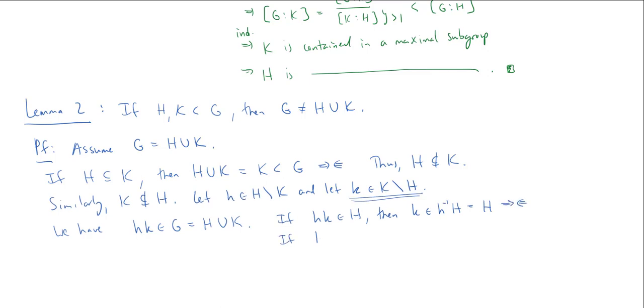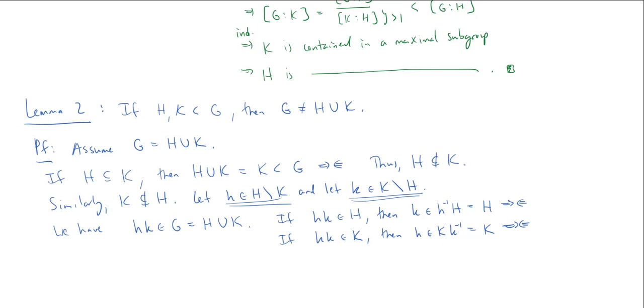Of course, the same proof is going to work if we assume that little hk is an element of big K. In that case, little h is an element of K times little k inverse, which is again equal to K. And so h would be an element of K, but again, we assumed little h was not an element of K. So again, we get a contradiction.